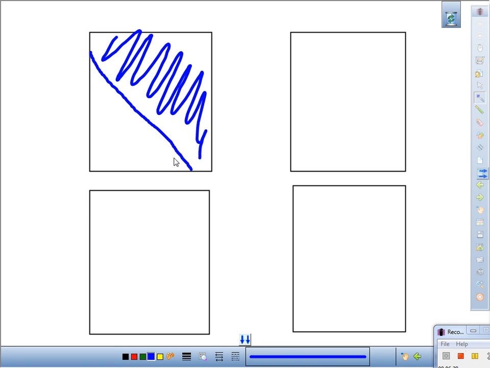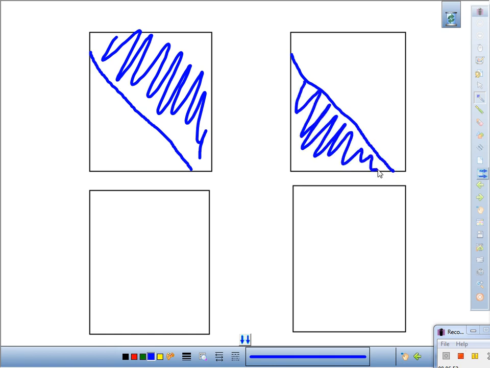Above or below? Above. Or to the left or to the right of this line? To the right. So some of you are going to see it as above or to the right. Some of you are going to see it the other way around. Okay? What if I did this? Where did I shade now? Below or to the left. Okay?